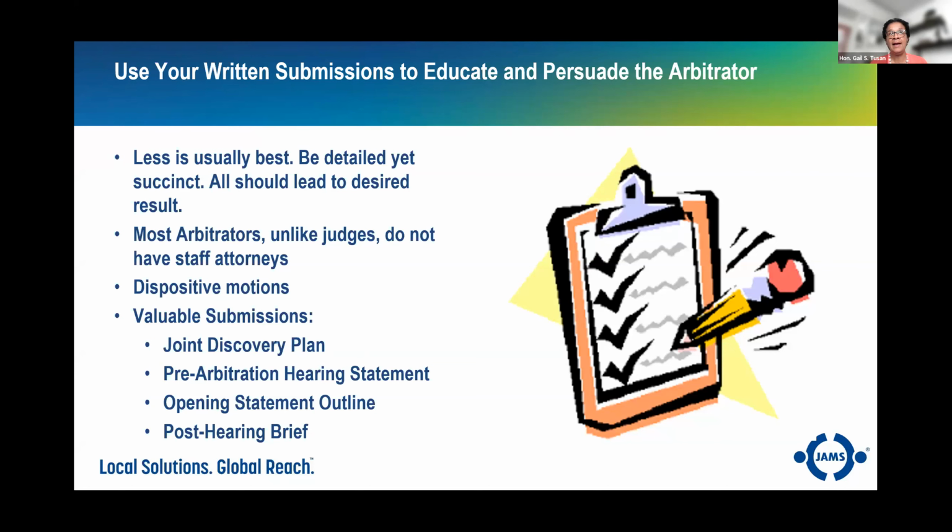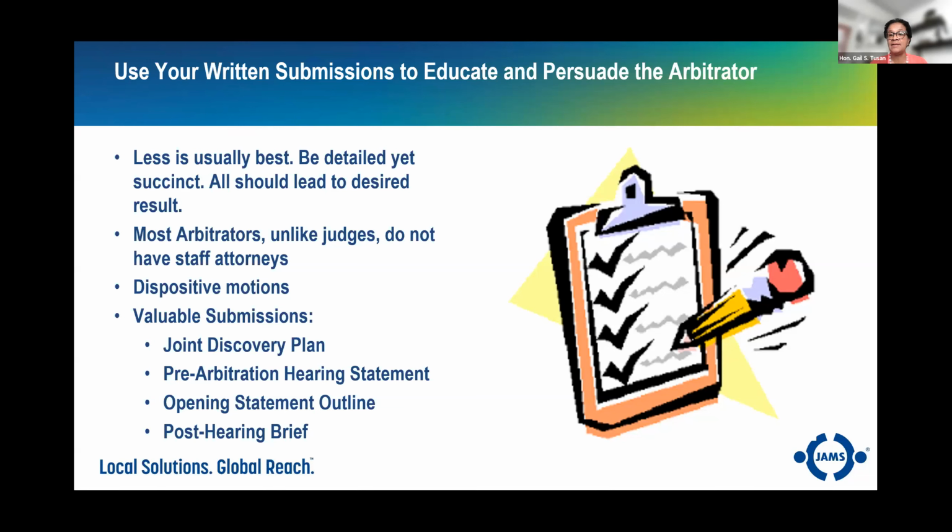And then typically there's also discussion of this even at the preliminary hearing, but certainly by the time you have your final status conference before the final hearing, as to whether or not the arbitrator would prefer to hear oral arguments at the conclusion of the evidence, or a post-hearing brief, or perhaps both.